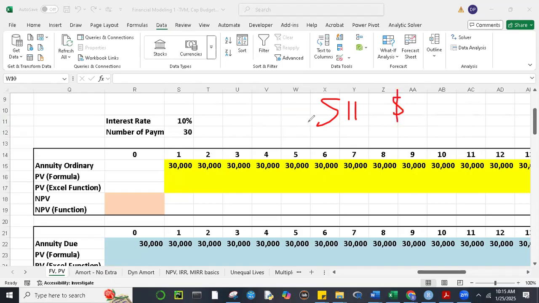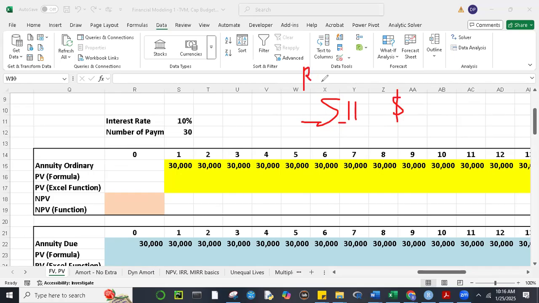S11: column S and row 11, right? S is the column and 11 is the row. In this case, column S is relative and row 11 is relative, so both columns and rows are relative cell references.